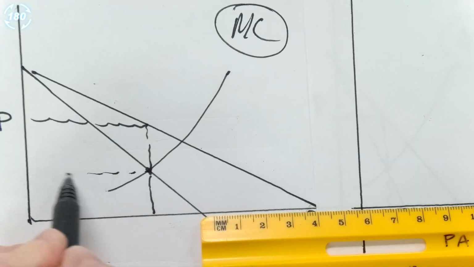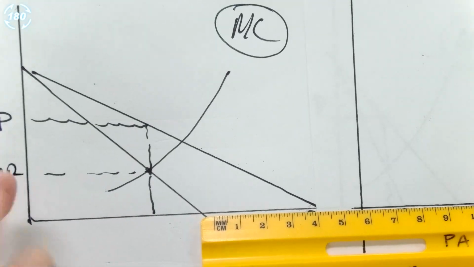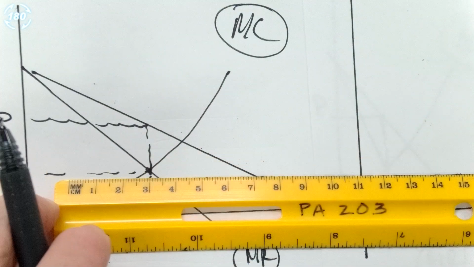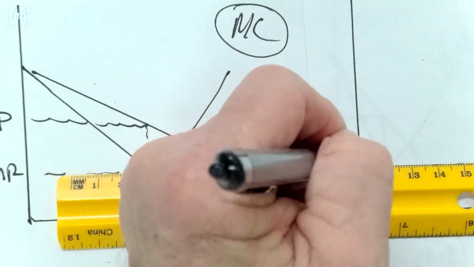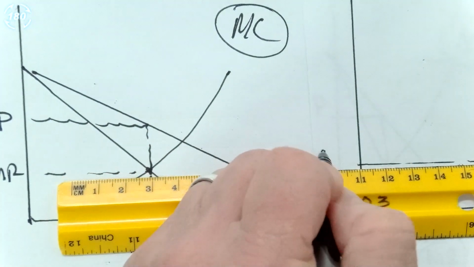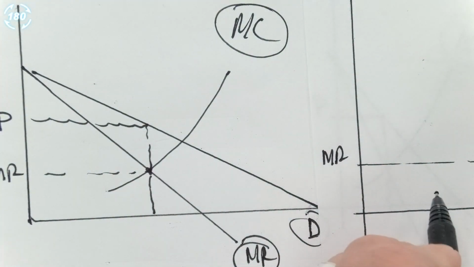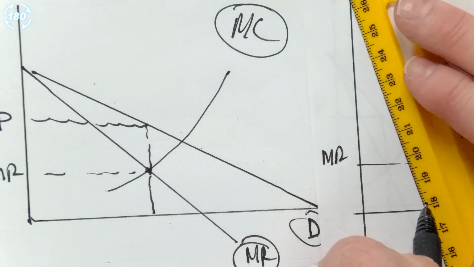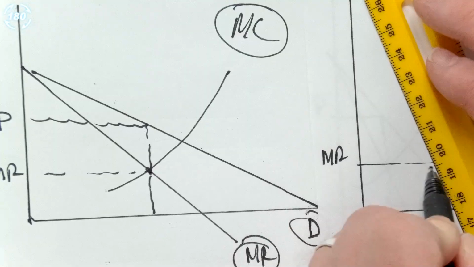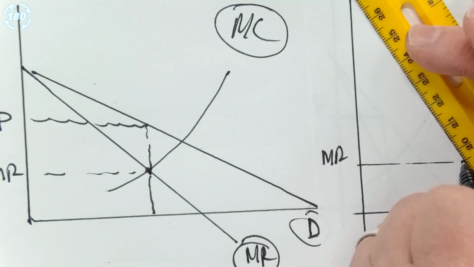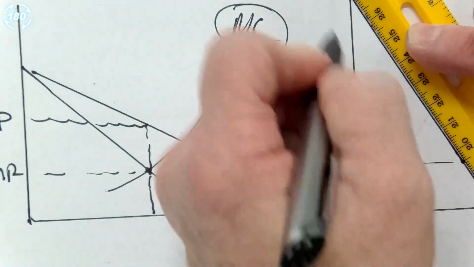So the marginal revenue is here, where it intersects marginal cost. I'm going to have the same marginal revenue over here. But now my marginal revenue curve is going to be significantly steeper. Okay, I'm going to go through this same point. I'm just going to take this a little distance here, but I'm going to make the marginal revenue curve look like this.